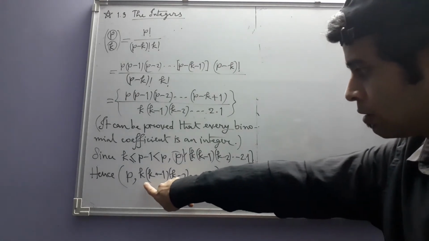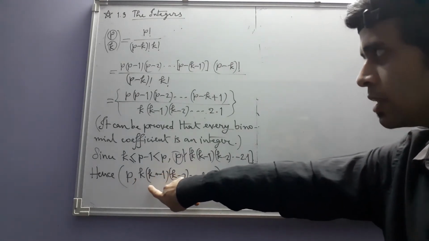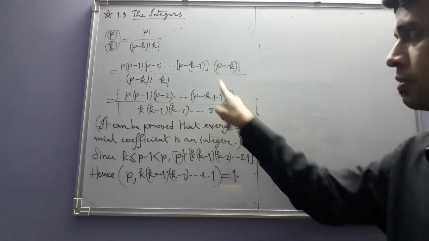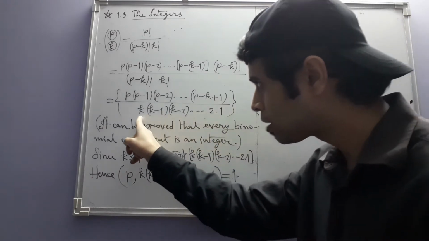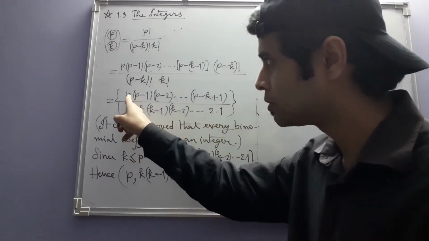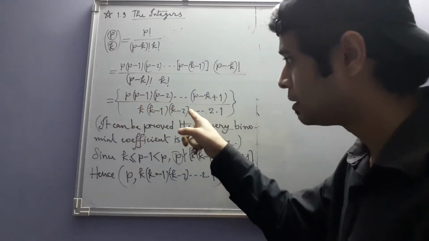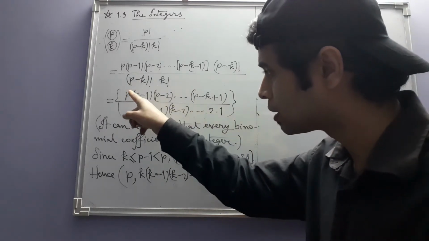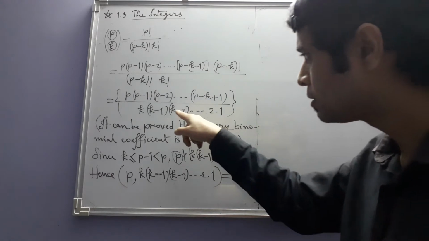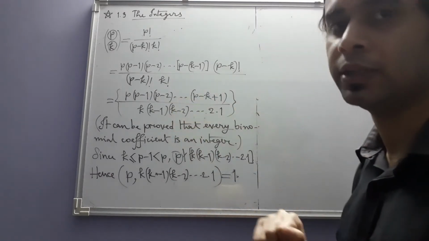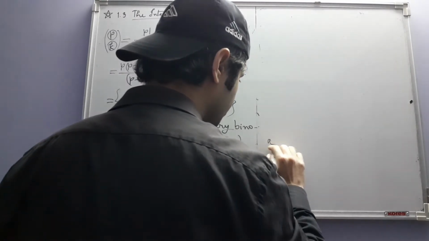Now, with this new information, you look at this. This denominator is relatively prime to p, and it divides the product of p and another integer. So that means it has to divide that other integer, where we are using this condition.